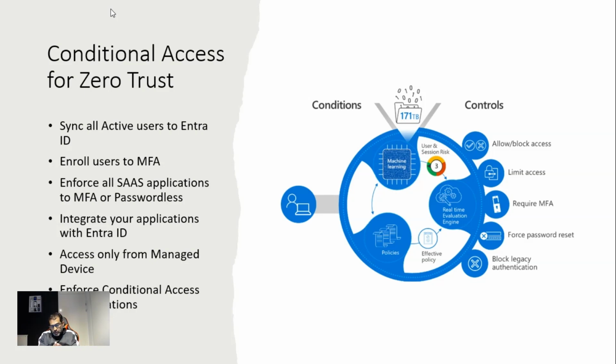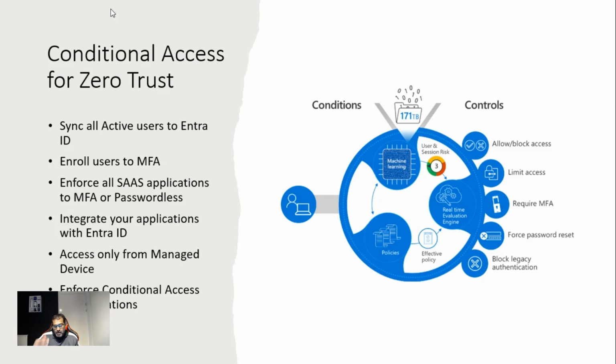On the left, if you take a look at it, how do you start? First, you need to sync all the active users to Entra ID. If you have a hybrid deployment, enroll users to MFA, and then enforce all SaaS applications to MFA or passwordless. That's also one of the options. And integrate your applications with Entra ID.